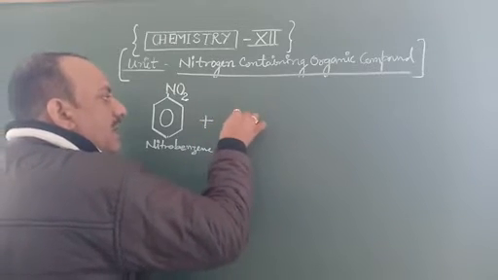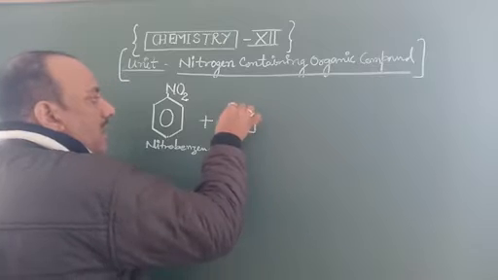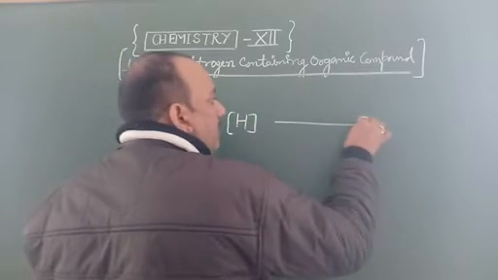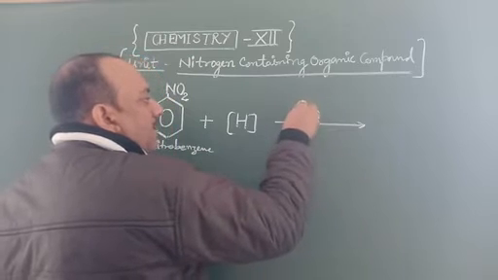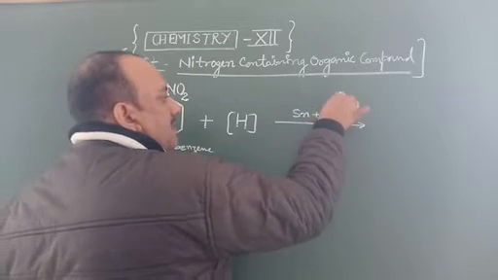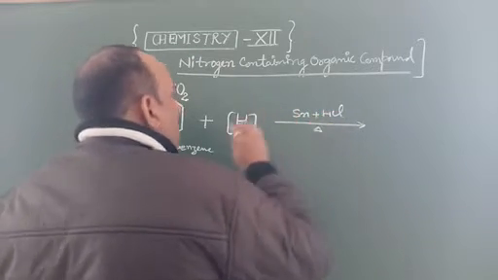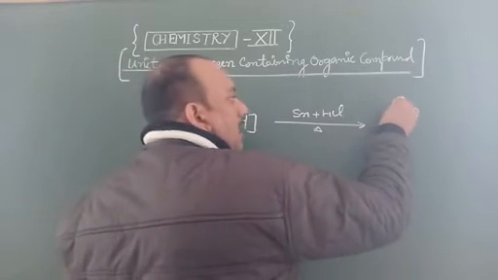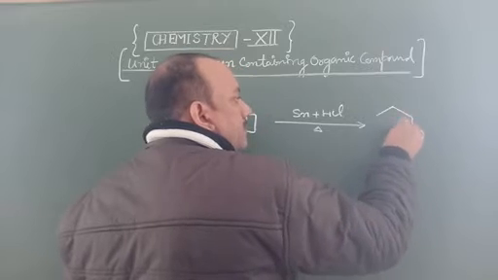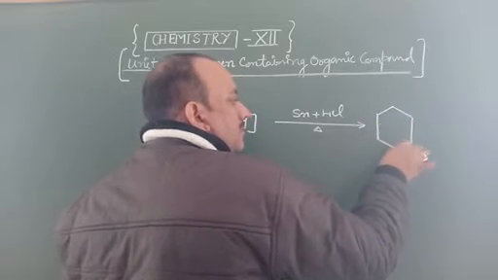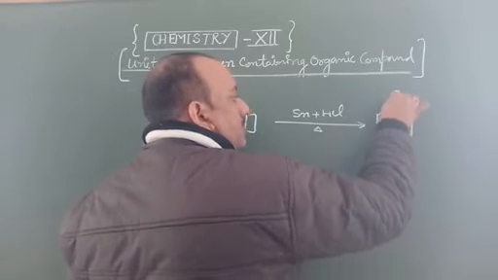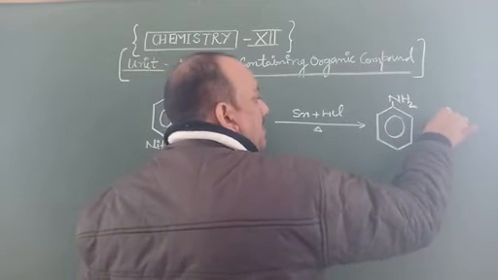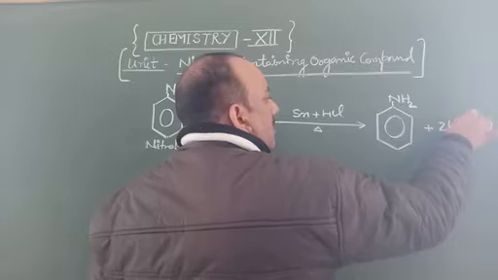It is reduced by nascent hydrogen produced by Sn plus HCl to form aniline, NH2, and water molecules.